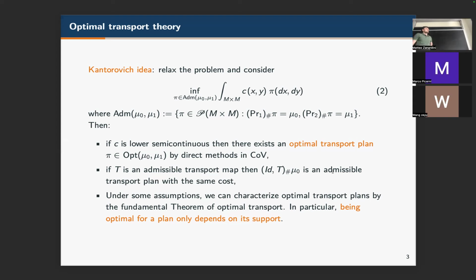Now in this setting, which is called the Kantorovich problem, direct methods of calculus of variations apply. Indeed, this admissibility space of measures, which is the constraint now, is compact in the weak topology of probability measures. And if the cost c is lower semi-continuous, now you can find a minimizer of the problem (2). So direct methods of calculus of variations apply.